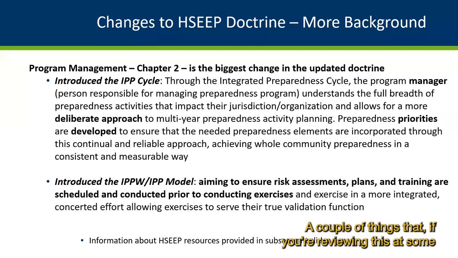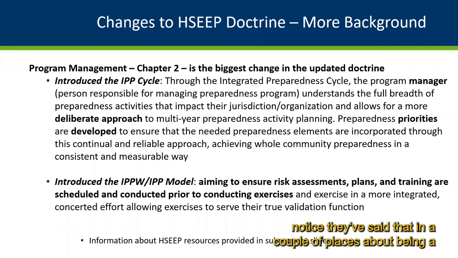A couple of things that if you're reviewing this at some point or you're curious why we landed here, and I won't belabor the point, but the IPP cycle was introduced in those changes to be a deliberate approach to multi-year preparedness. And the priorities are developed, that last sentence in the first bullet, priorities are developed to ensure the needed preparedness elements are incorporated through this continual and reliable approach.